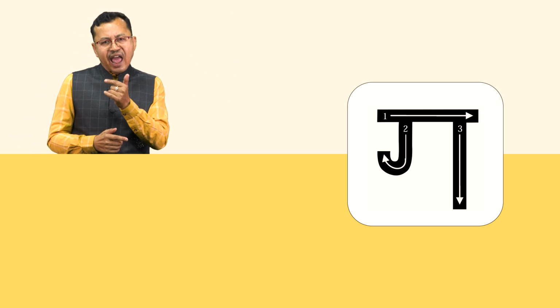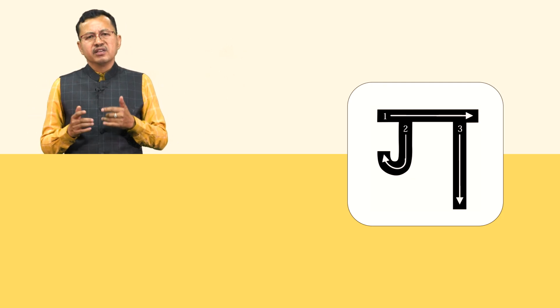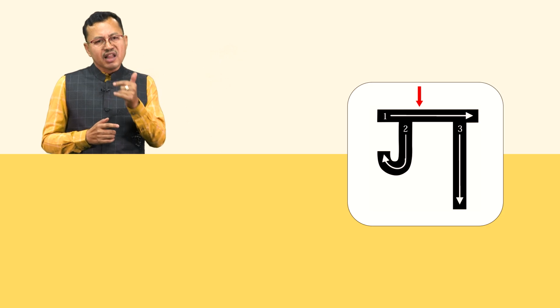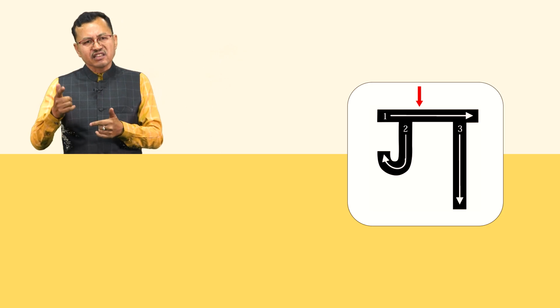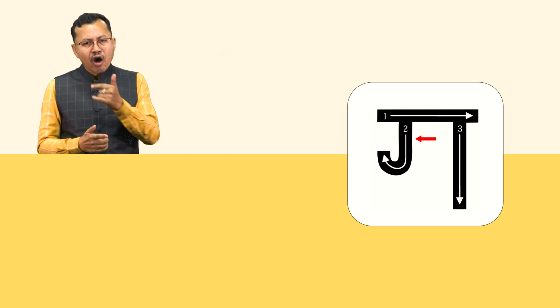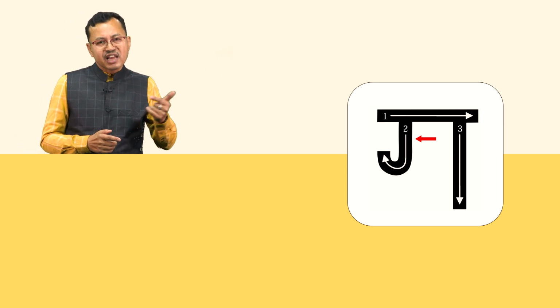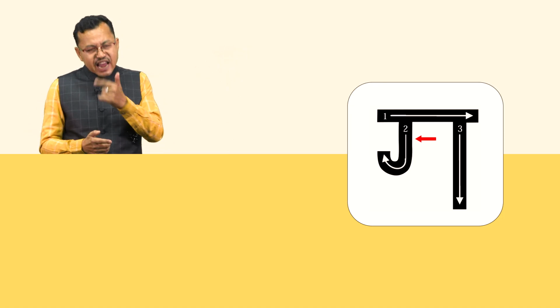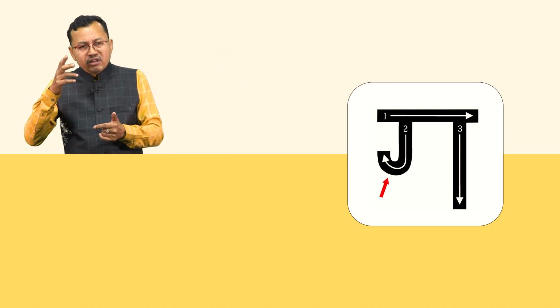Now, to see how it is written step by step, please look at the diagram on the screen. To write BUM, start with stroke 1, a short horizontal line at the top. Next, draw stroke 2, a straight vertical line downward from the left side of the top stroke and curve it gently leftward at the bottom.